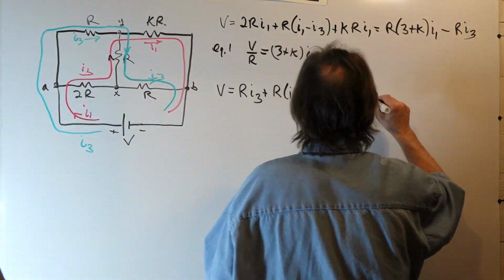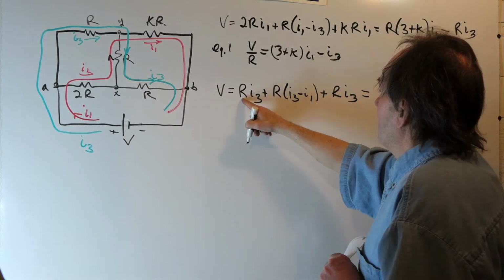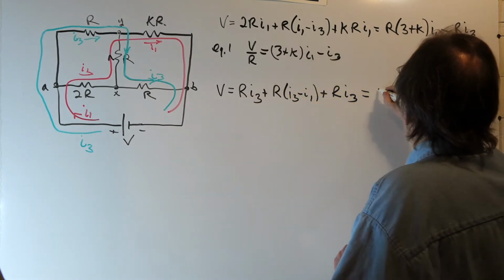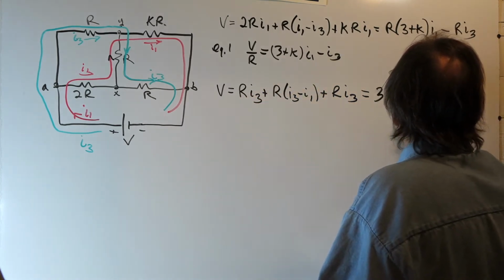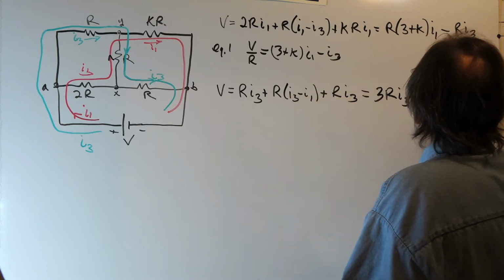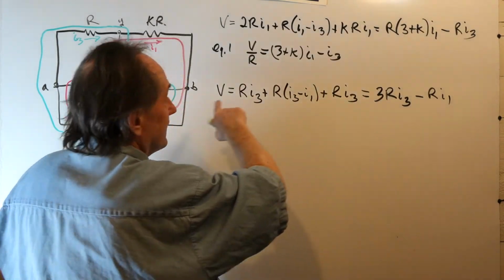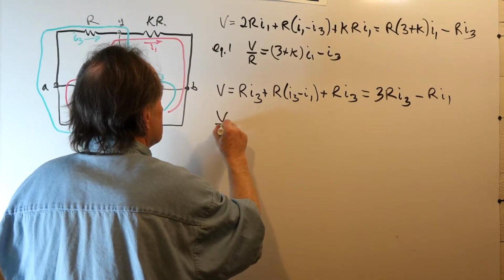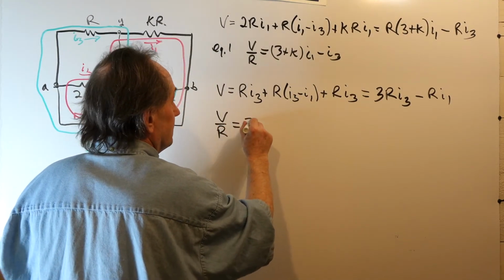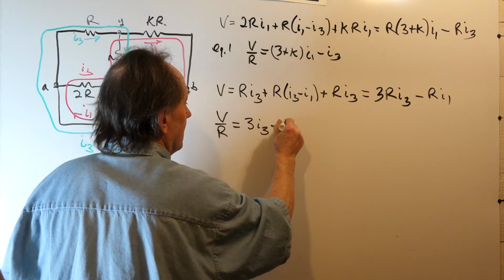We can gather like terms. We have 3 R I3s, and we subtract off a R I1. Again, we can divide through by R, so this is V over R is equal to 3 I3 minus I1.